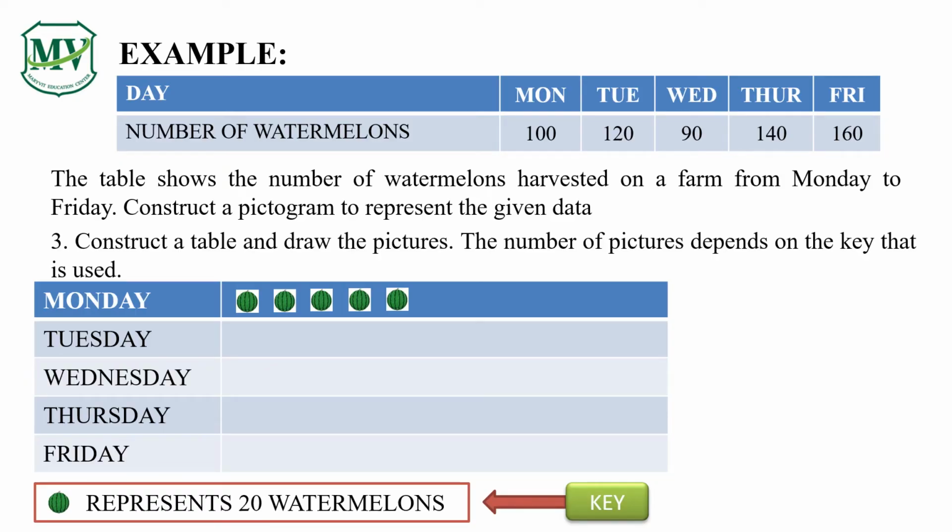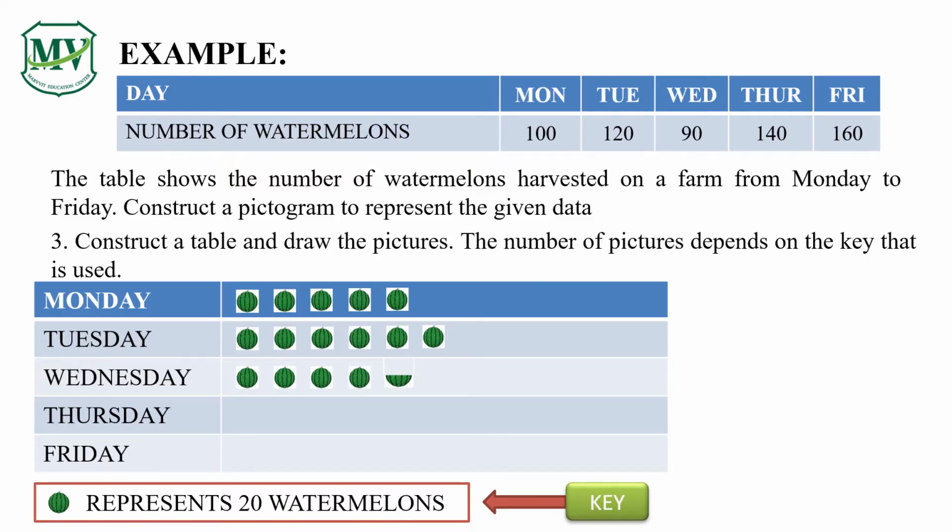On Tuesday, they harvested 120 watermelons. 120 divided by 20 is 6. So I draw 6 watermelons. On Wednesday, they harvested 90 watermelons. 90 divided by 20 is 4 and 1/2. So I draw 4 and a half watermelons.